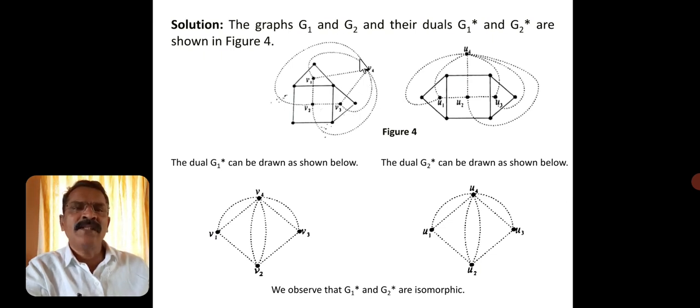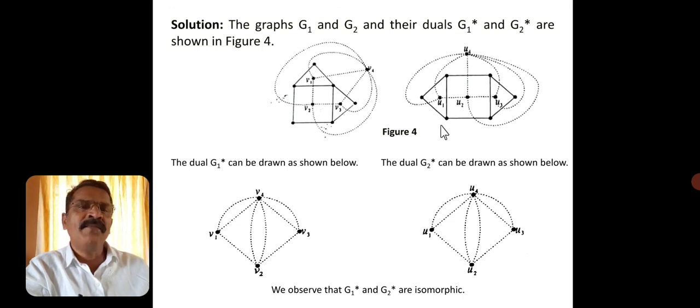Follow the same procedure after considering one vertex for each face. Now you have to join two vertices if there are edges common between those two faces. So this is an edge common between the exterior face as well as an interior face. Like that, if you follow the procedure, we will find the geometric dual of the first graph.